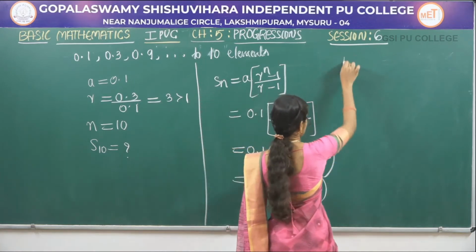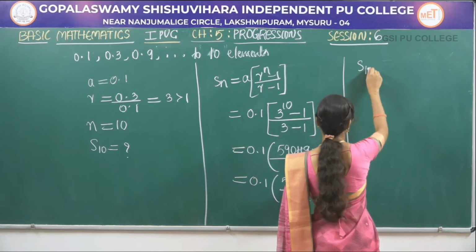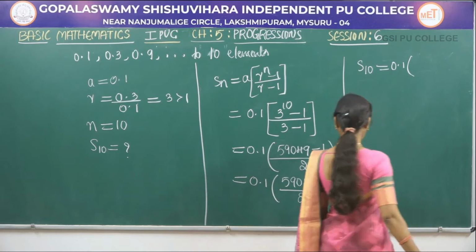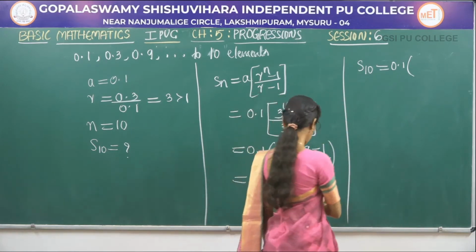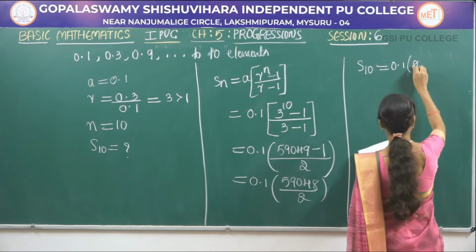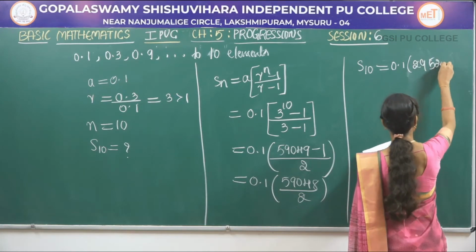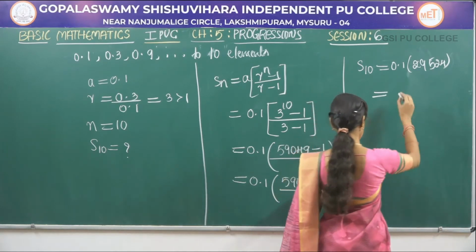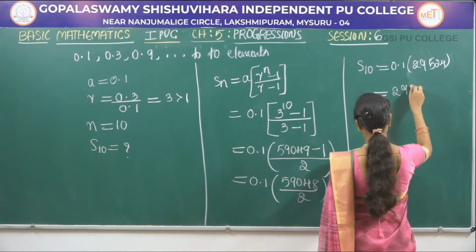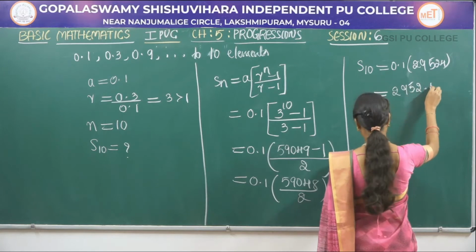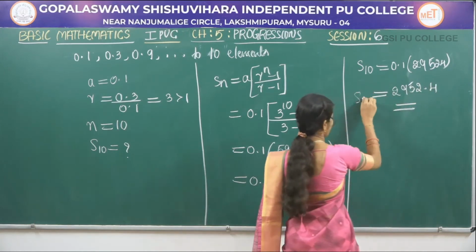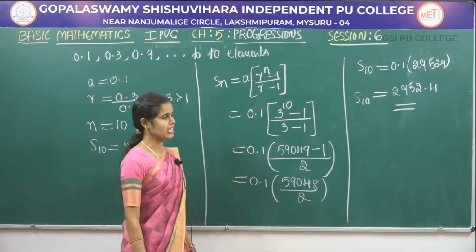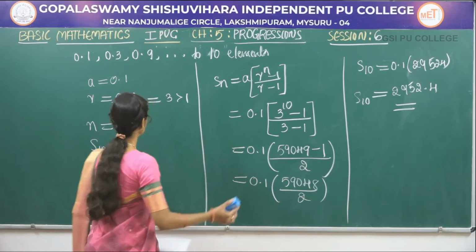Therefore S10 is equal to 0.1 into 59,048 divided by 2, which is 29,524. So 0.1 into 29,524 is 2,952.4. Therefore S10 is equal to 2,952.4. Okay, next let us move on to the next problem.